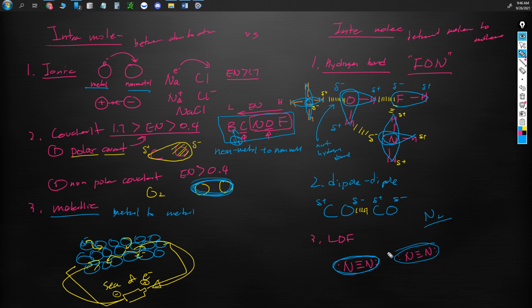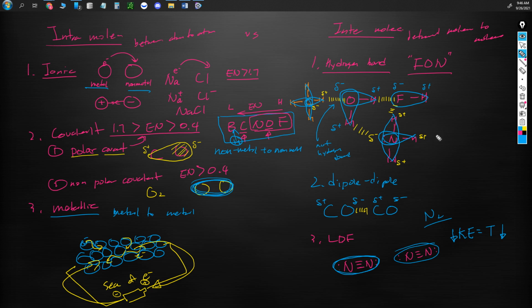So what do we need to do to make the bond together? Remember we talked about kinetic energy being proportional to temperature. Therefore, if you decrease the temperature, kinetic energy will decrease. So the speeding of electrons between two nitrogens will start to slow down.